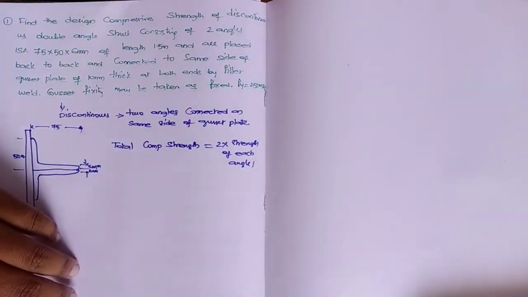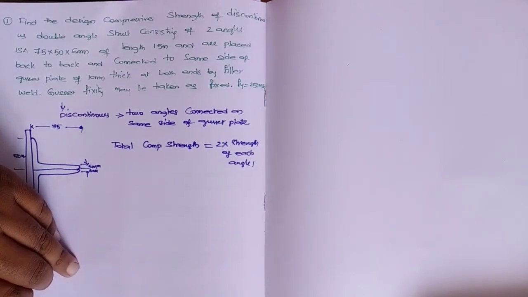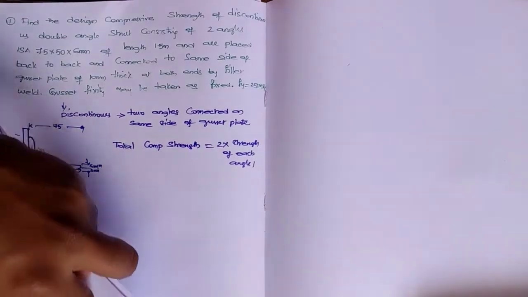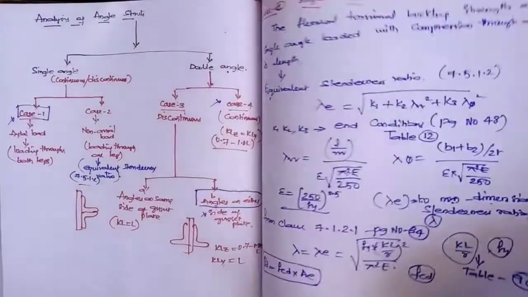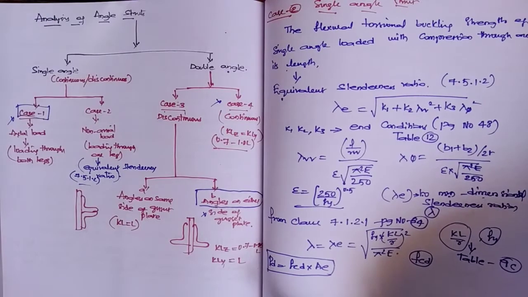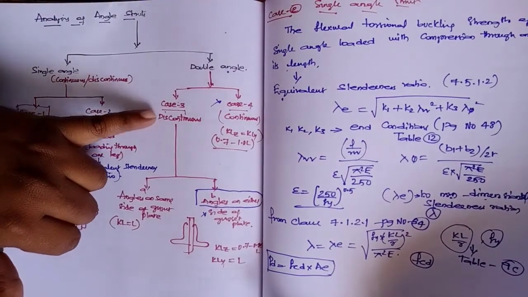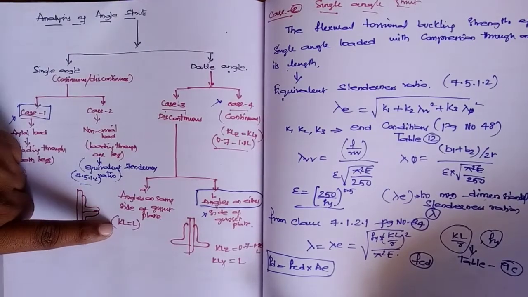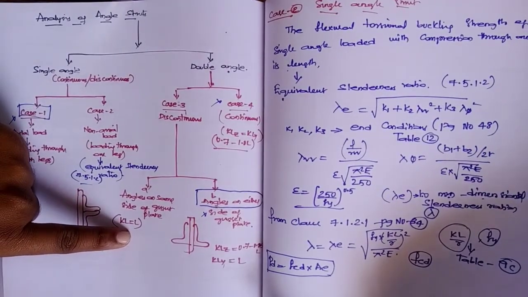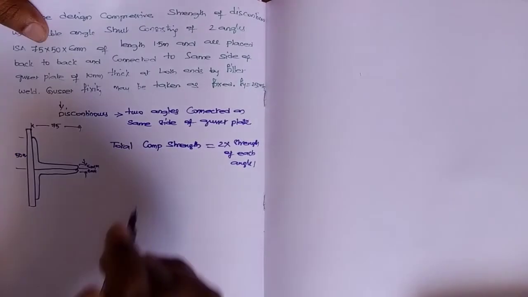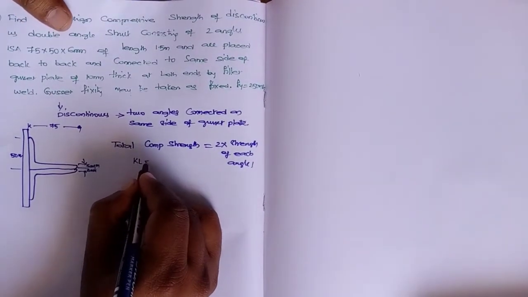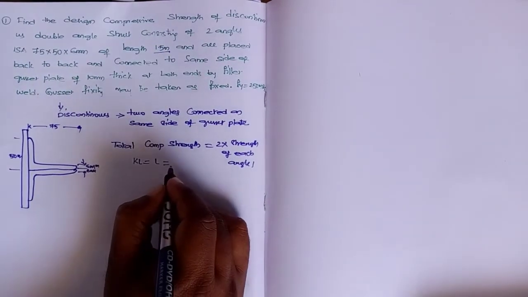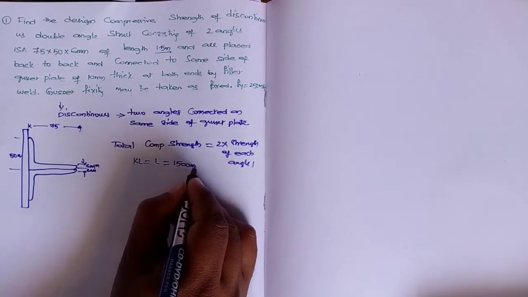Now if I go back to our previous condition, this one, case 3, discontinuous, angles on same side of gusset plate, the effective length will be equals to L. So effective length equals to L, which is equals to 1.5 meters. So 1500 mm.